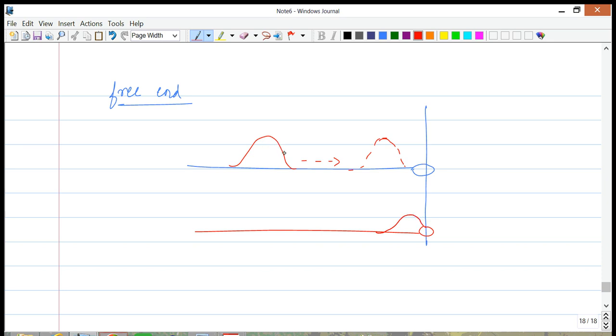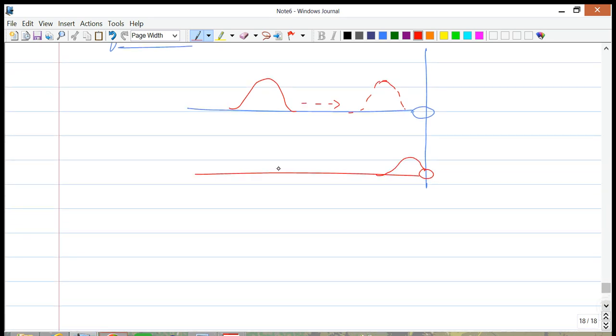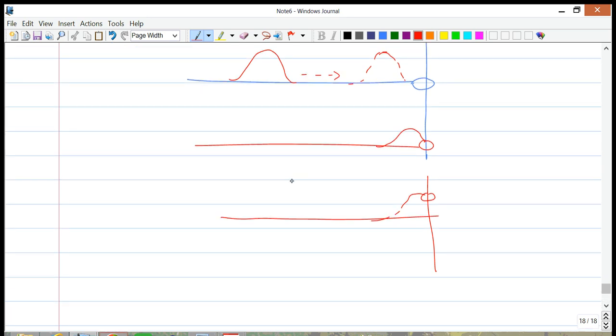As this part of the pulse pulls on the ring, the ring starts to move up, and then once it's gone up all the way, the ring will come back down, and in doing so, it'll keep the pulse above.